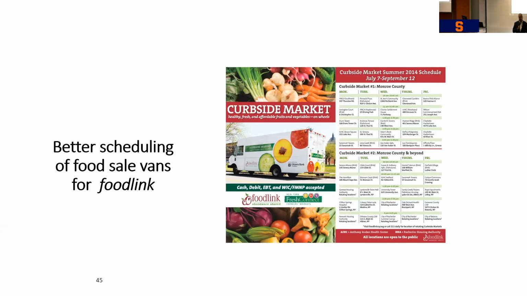Even in a country like ours, that's developed, with high per capita income, there's surprising amount of food poverty in the country, even in suburbs that seem to be wealthy. And this is the problem that companies like FoodLink, which is a not-for-profit in Rochester area, are trying to solve.